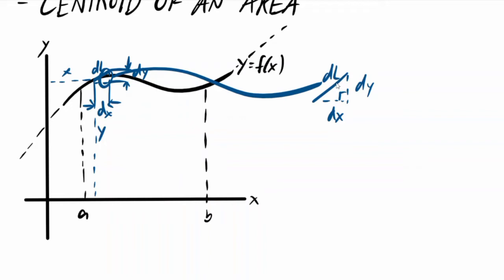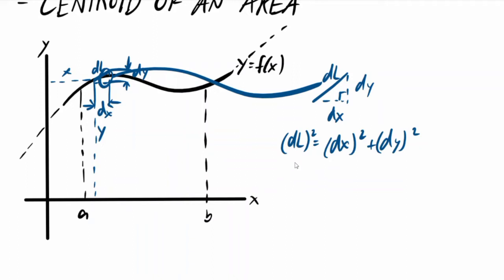We will be using Pythagorean's theorem. So the hypotenuse squared equals the sum of the squares of the other two sides. So dl squared equals dx squared plus dy squared.